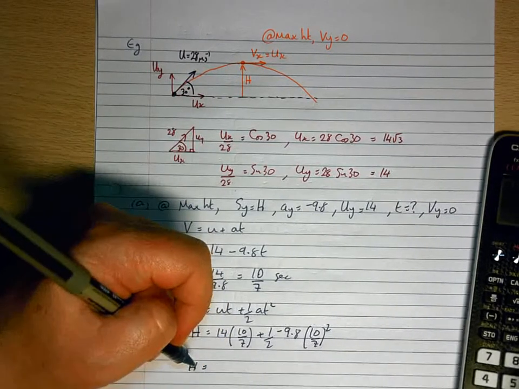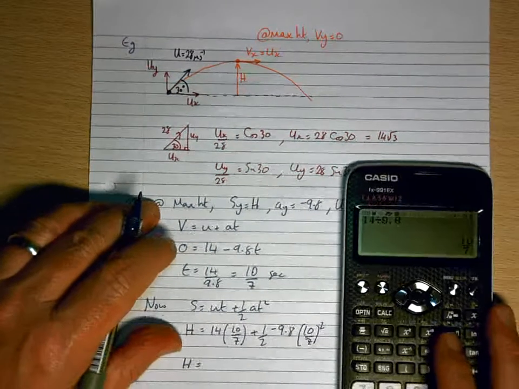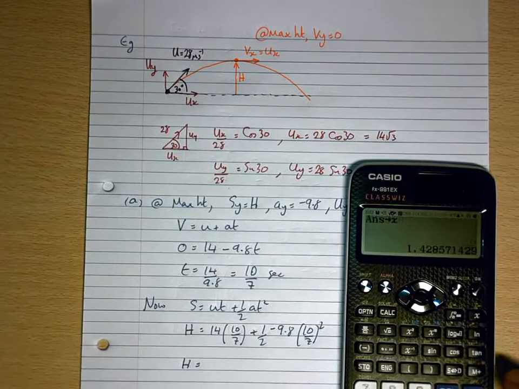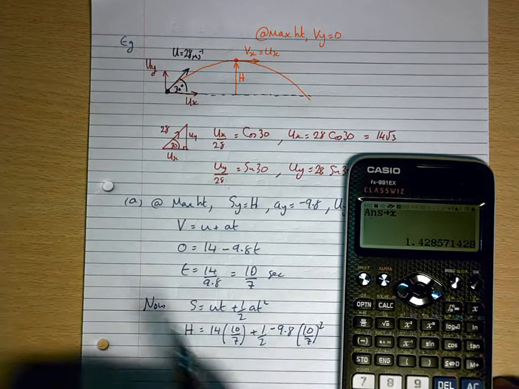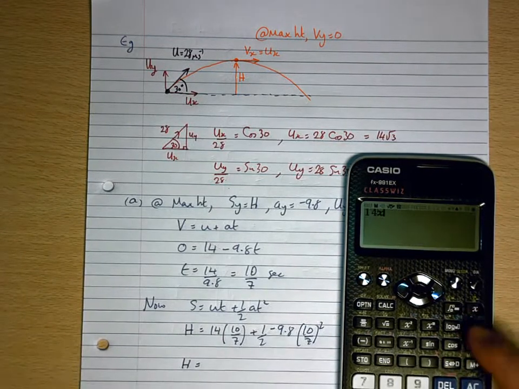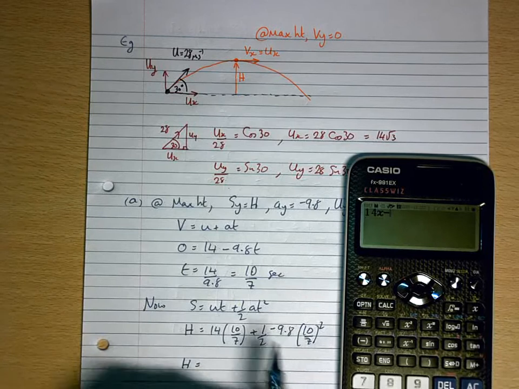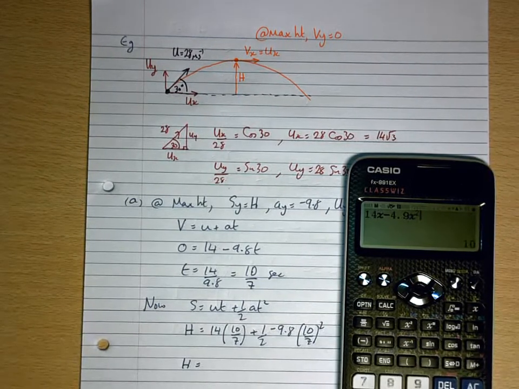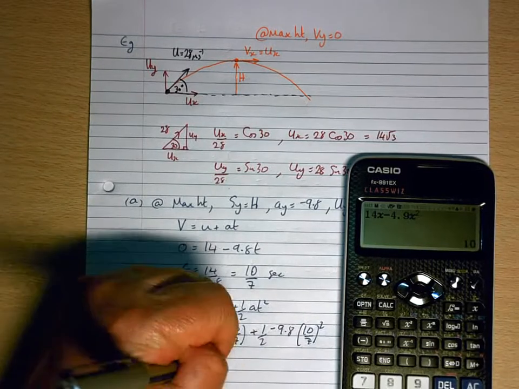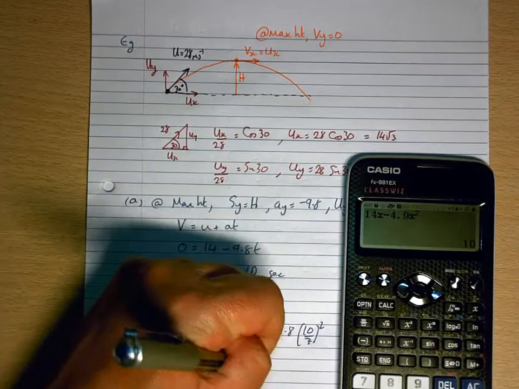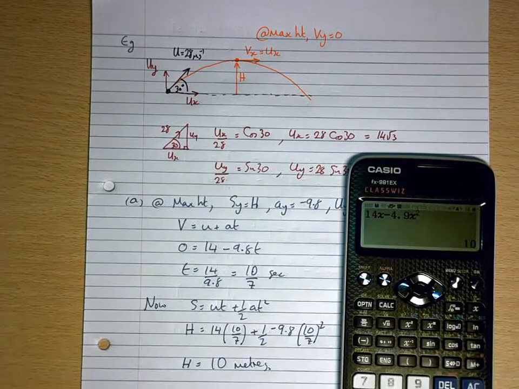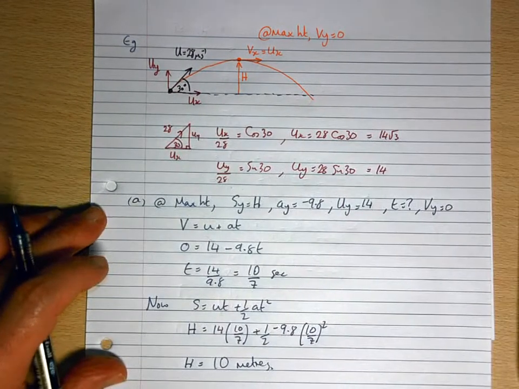The easiest way to do that on my calculator is to store 10 over 7 in X, and then I can write 14x minus 4.9x squared, which is 10. So the maximum height reached by the particle is 10 meters above the point of projection.